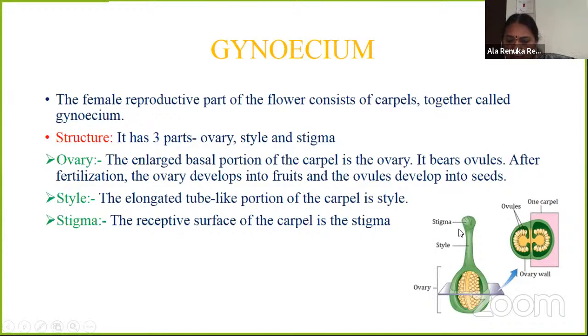So the stigma receives the pollen grains. Usually it is sticky because pollen grains have to stay on the stigma for some time to germinate. The style carries the pollen tube, and the ovary has ovules inside.